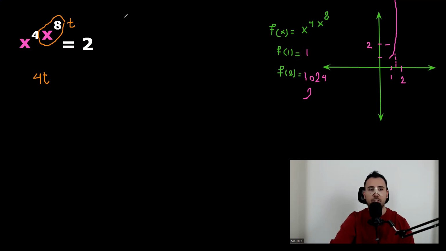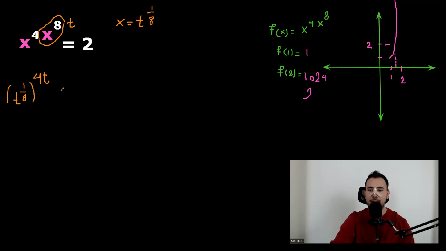Then x would be t to the power of 1 over 8. So instead of this x, I'm going to write t to the power of 1 over 8, to the power of 4t.